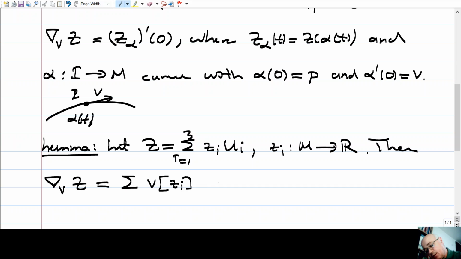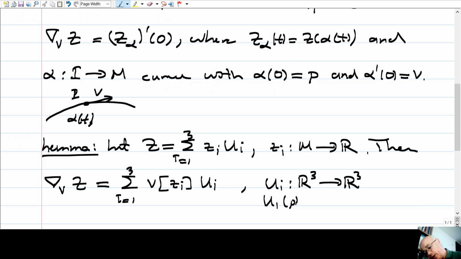These are just some real numbers at each point multiplied with the basis vectors ui's. Remember, ui is the vector field on R3. It is the constant vector, right?